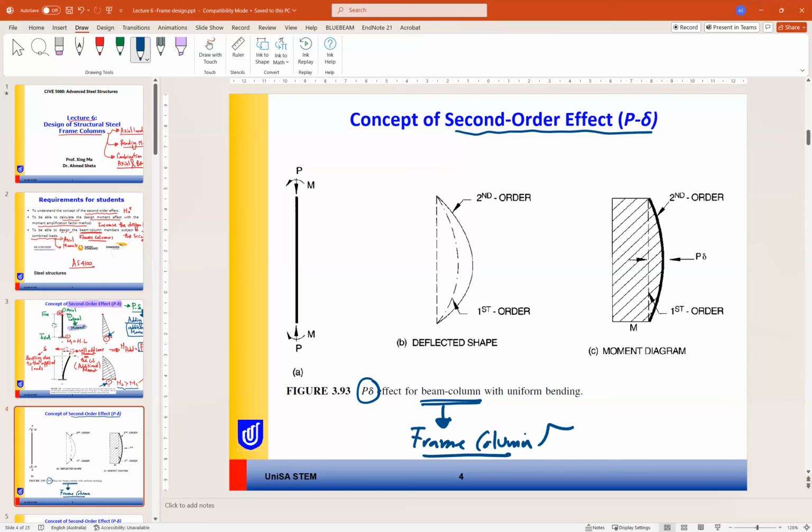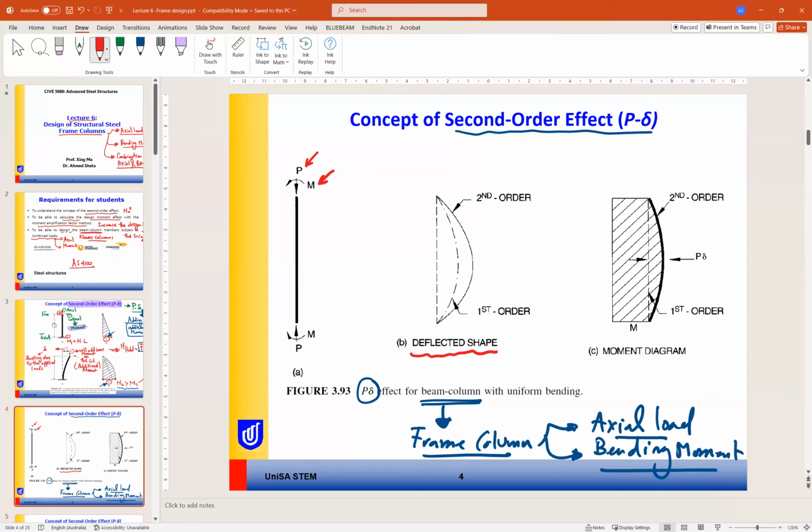So the column in this case is under axial load and bending moment, as you can see here. So we have P and M. If this column is under P and M, this is how the deflected shape will look like for this beam.